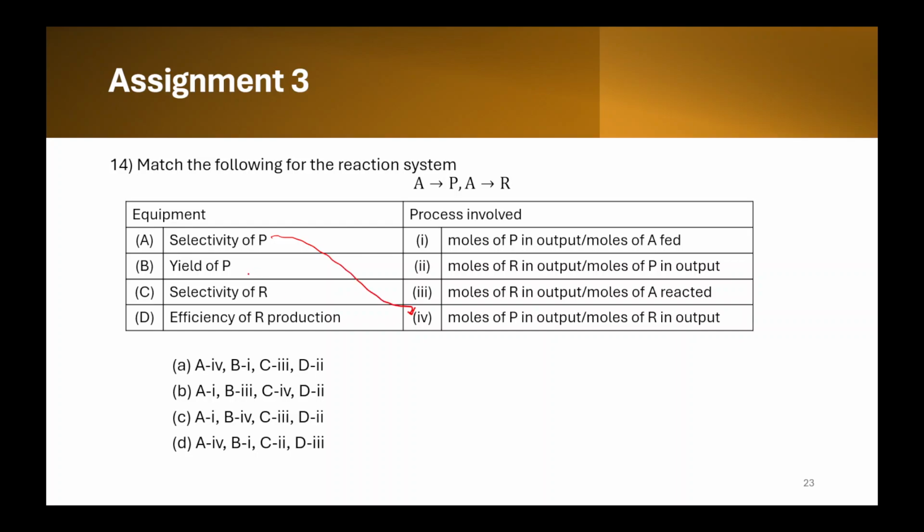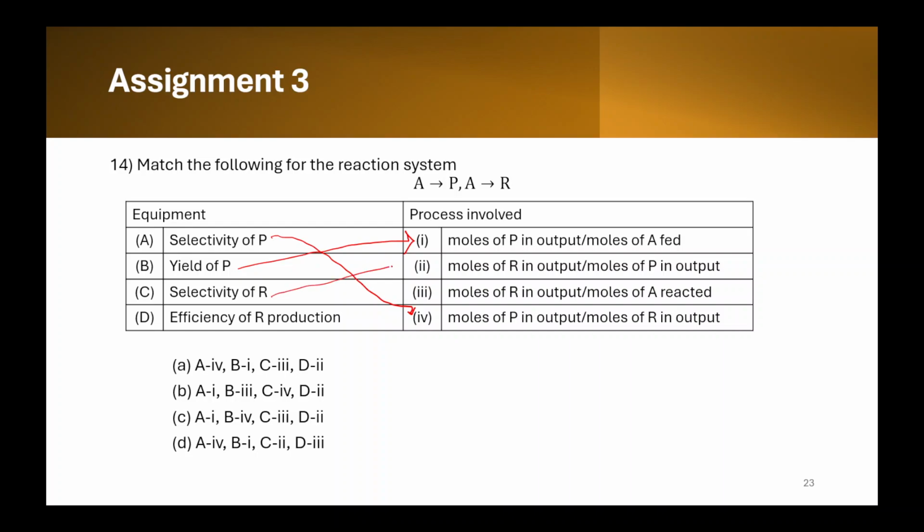Next, yield of P. So now we need to compute yield of P. So yield of P will be the moles of P in the output upon how much A is being fed. So that will be first option, first part here on the right side. Then selectivity of R, it will be basically the inverse of whatever was the A part.